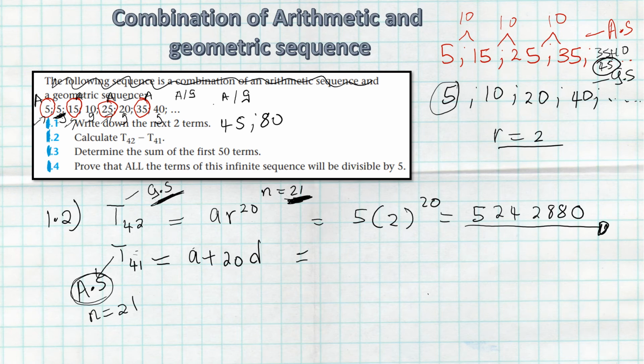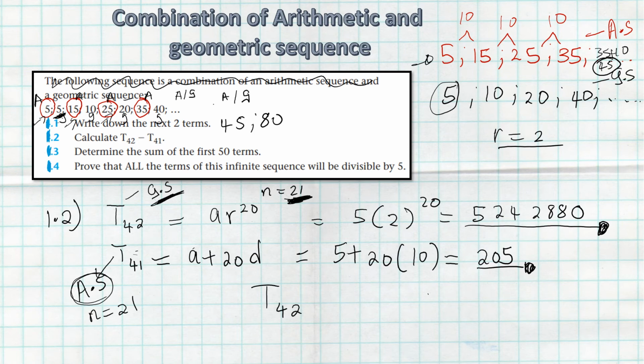What is my A on the arithmetic sequence? My A is 5 plus 20. What is my D, my common difference? So it's 5 plus 20 into 10, which gives me 205. So these are term 42 and term 41. Let's calculate the answer.